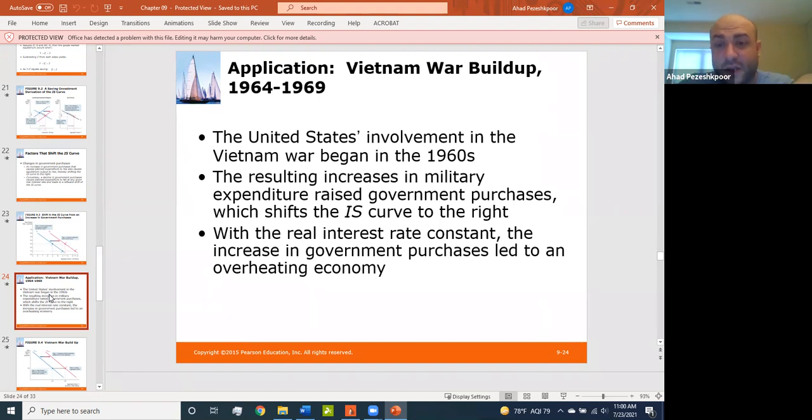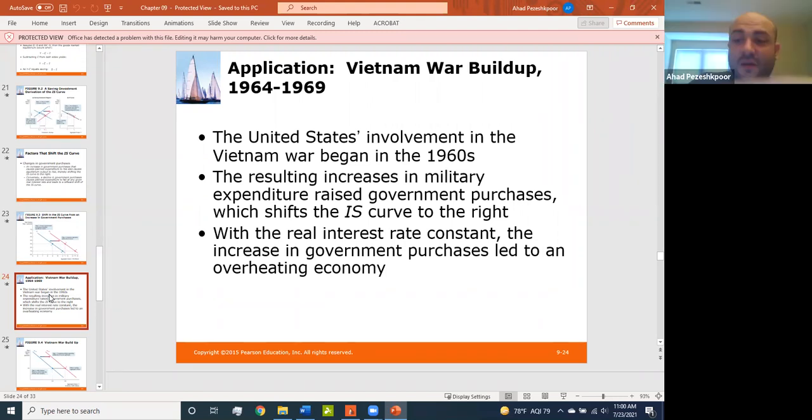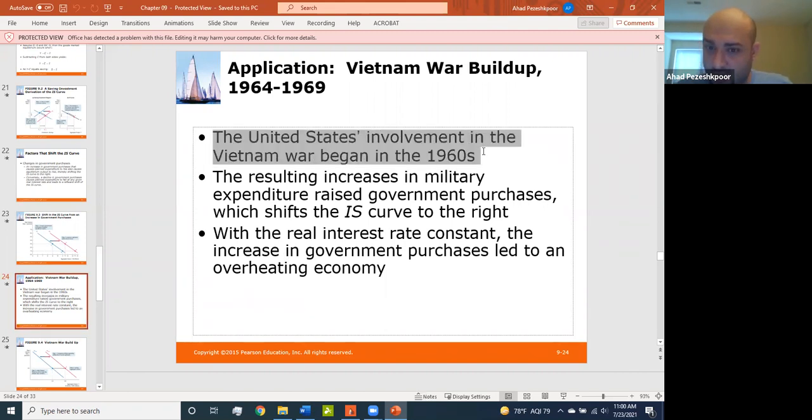But for example, look at the Vietnam War buildup. What you're saying actually happened in the 1960s, and instead of rationing, government expenditure just went up. There was no rationing. United States involvement in the Vietnam War started in the 1960s, and it gradually became worse and worse.